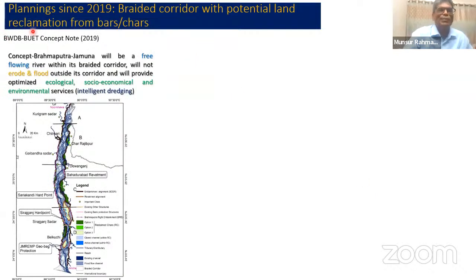if we come to the braided corridor concept, the river will freely fall within the corridor, and ecological, socio-economic, and environmental services can be ensured within the river. And this is the concept that was developed by our group with BWDB in 2019.